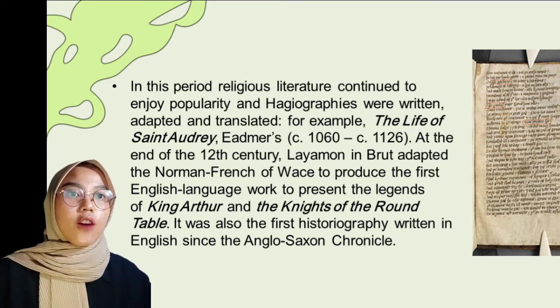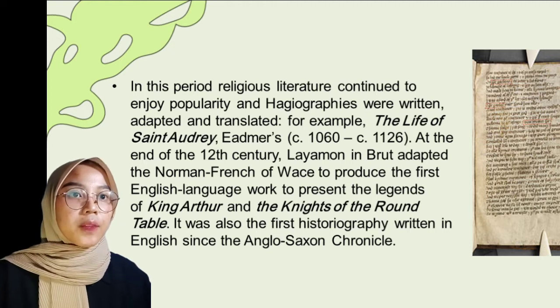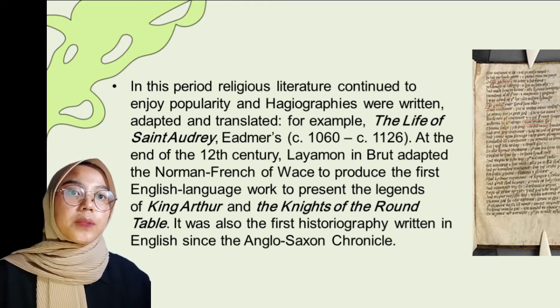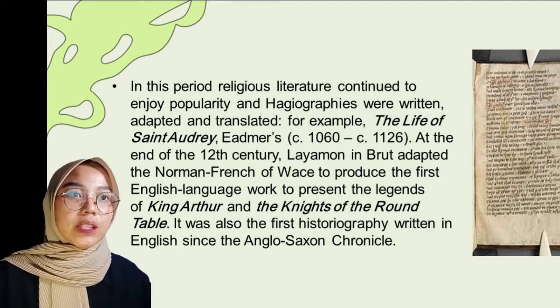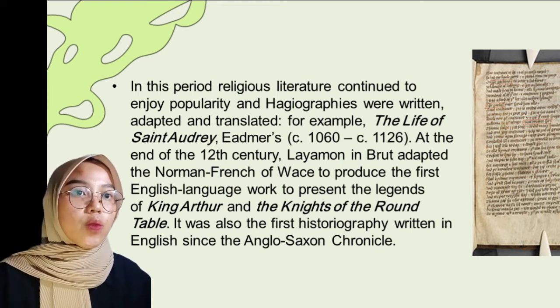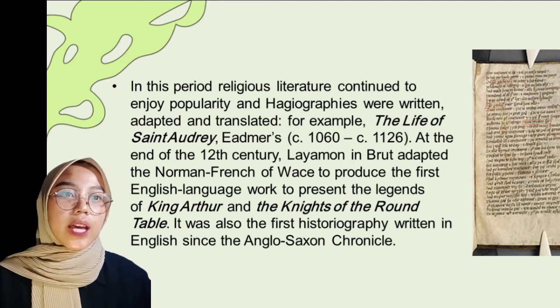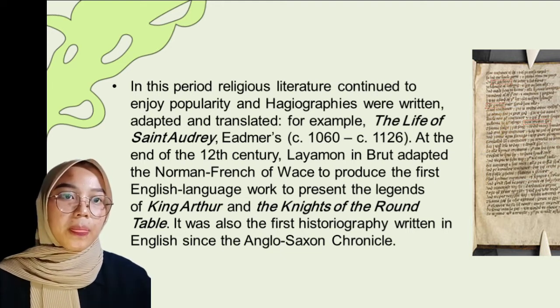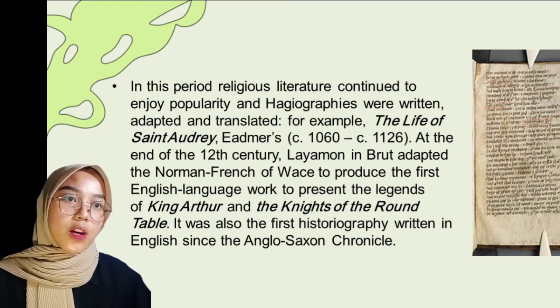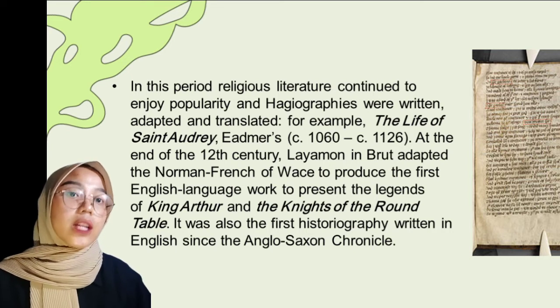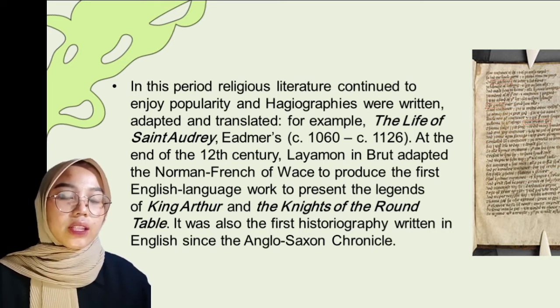At the end of the 12th century, Layamon in Brut adapted the Norman French of Wace to produce the first English language work to present the legends of King Arthur and the Knights of the Round Table. It was also the first historiography written in English since the Anglo-Saxon Chronicle.